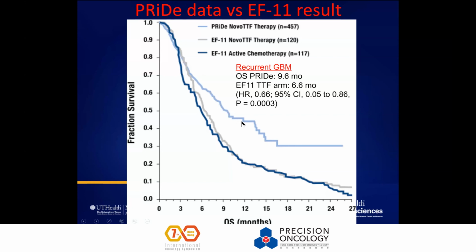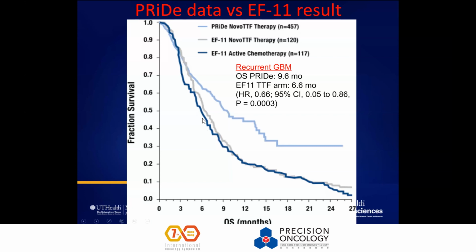In this curve, the light blue curve, overall survival is 9.6 months from the time of recurrence, versus the EF11 TTF treatment group, 6.6 months, as we just talked about. And also the other group is the best physician's choice, which is 6.0 months overall survival.